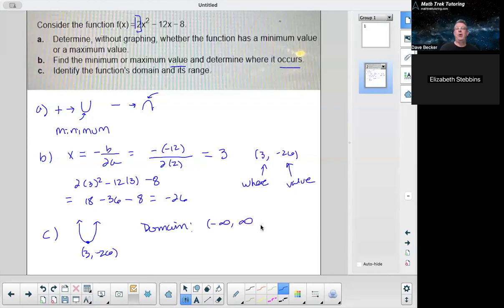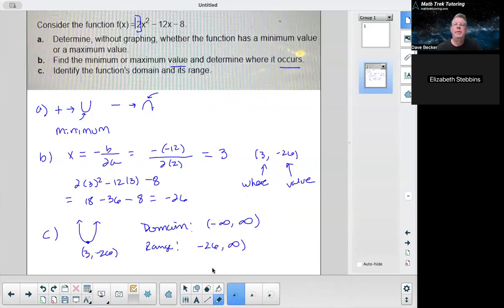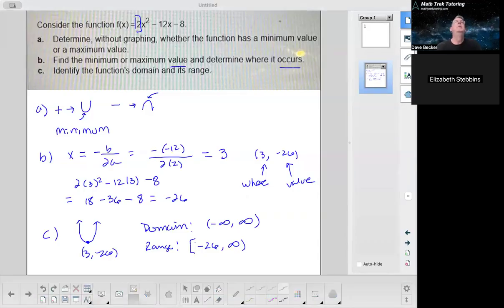The domain are all the possible x values. Since this is opening going left and to the right, getting wider and wider, it's going to take all the x values. The range is all the y values. Would it be negative 26 to infinity? Yep, except negative 26 is included, so it's a bracket.